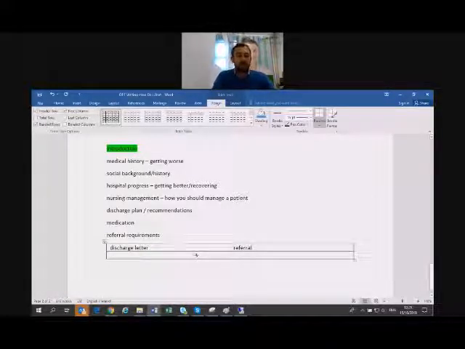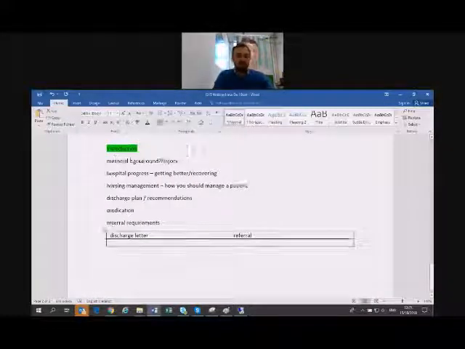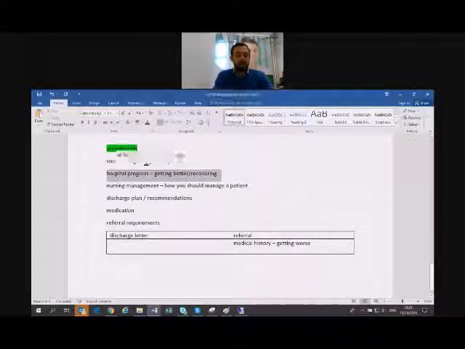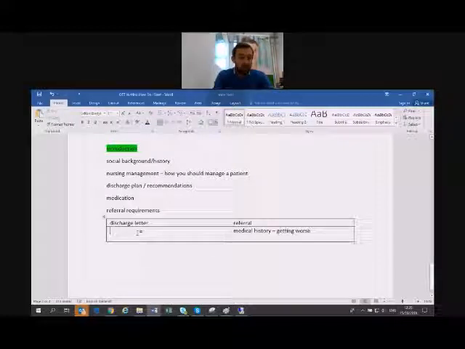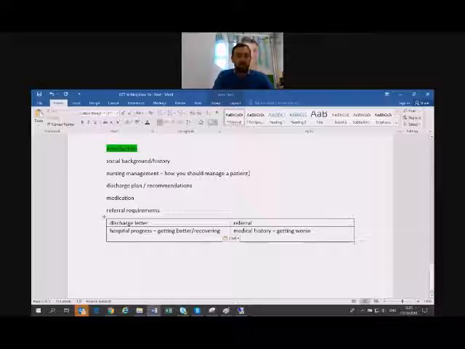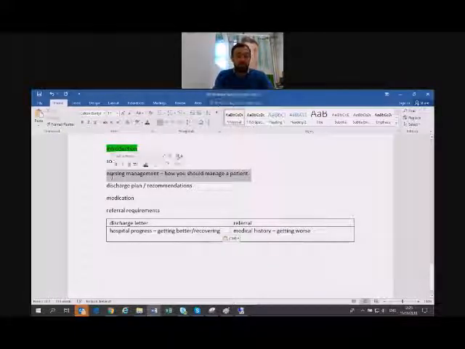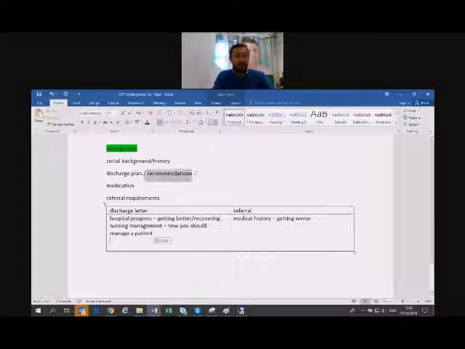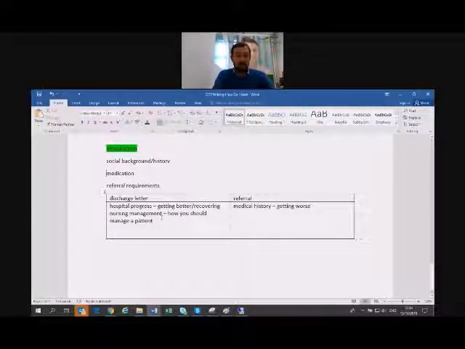I'm not saying that this is always 100% the way it's going to be, but generally your referrals are going to have a medical history of getting worse. Your discharge letters are generally going to have hospital progress where they're getting better and recovering. Nursing management, that's probably going to be in the discharge letter. Discharge plan and recommendations is going to be in here.